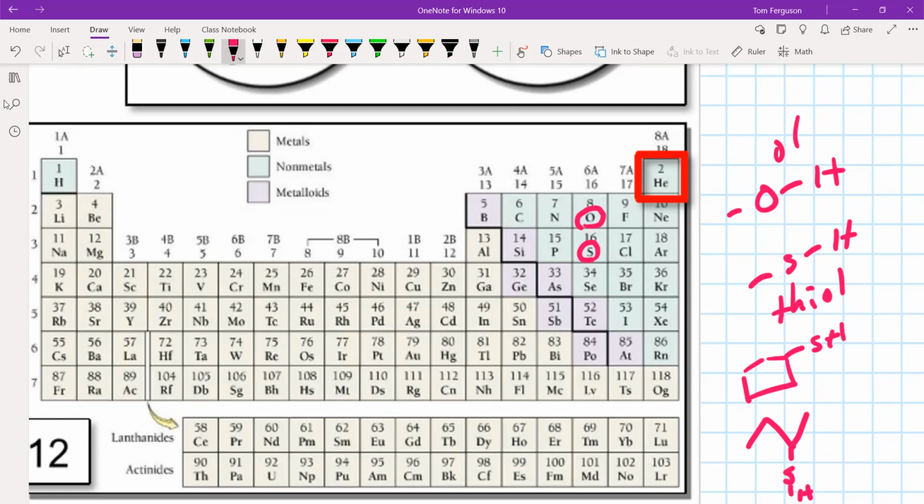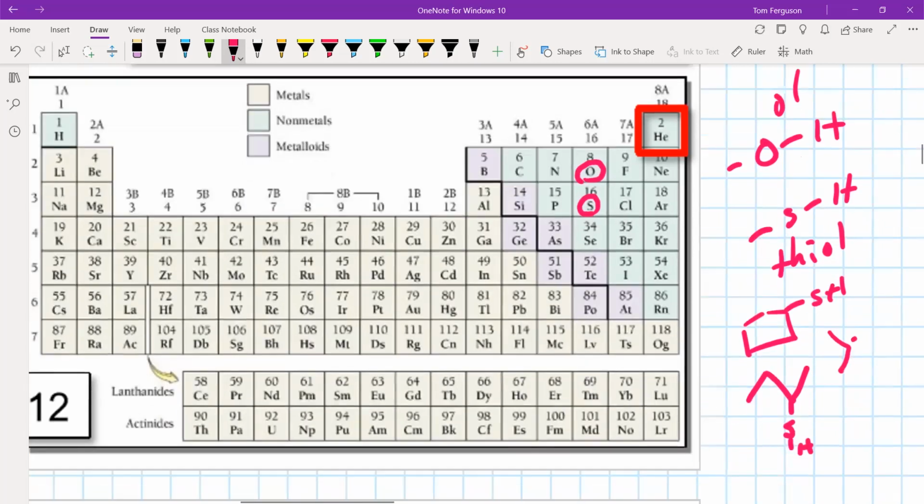You mean that act like this because they're in the same group kind of deal? Yeah, like if it had a Cl, right next to the S, a chlorine, chloride. I'm not following you.